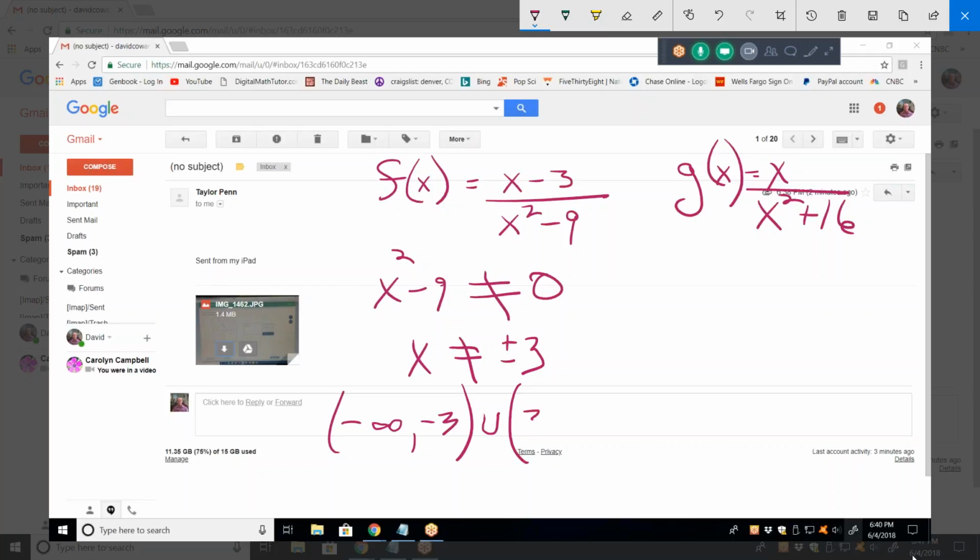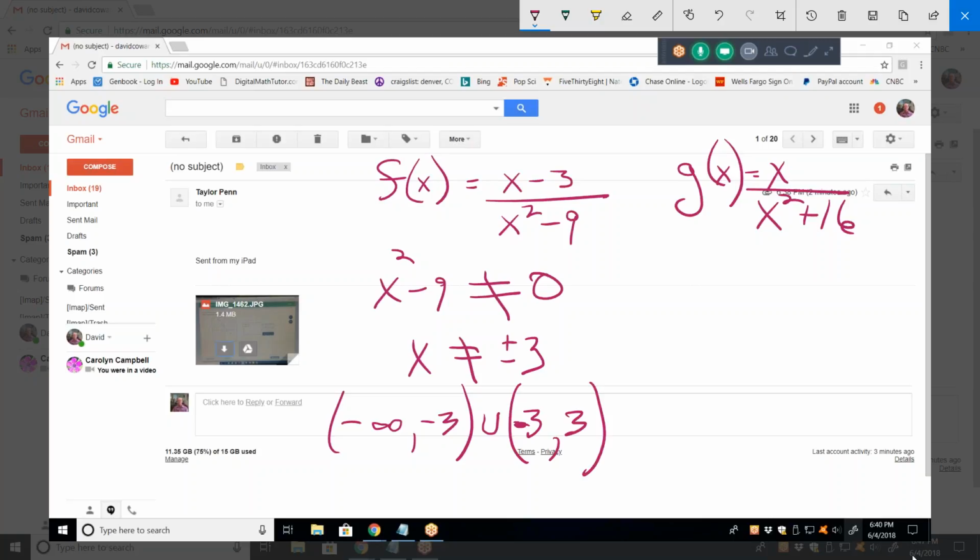So if I write 3 there, you're excluding all the numbers between -3 and 3. So it'd be -3 and then comma 3. Then parenthesis.